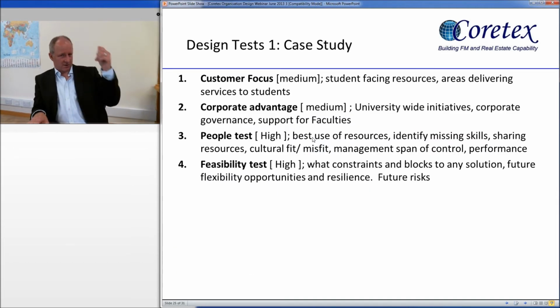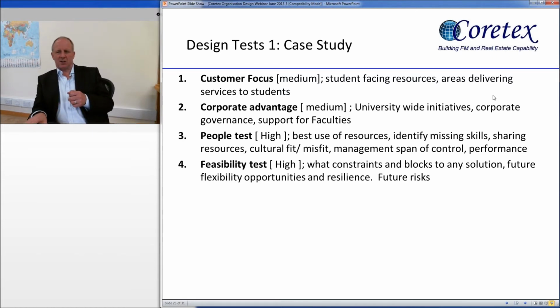And as part of the review that we did, we said what were the things that the organization needed to look at in this final result. So things like customer focus, making sure that the university was getting competitive advantage, and that the way resources were bundled together in the final structure all made sense.